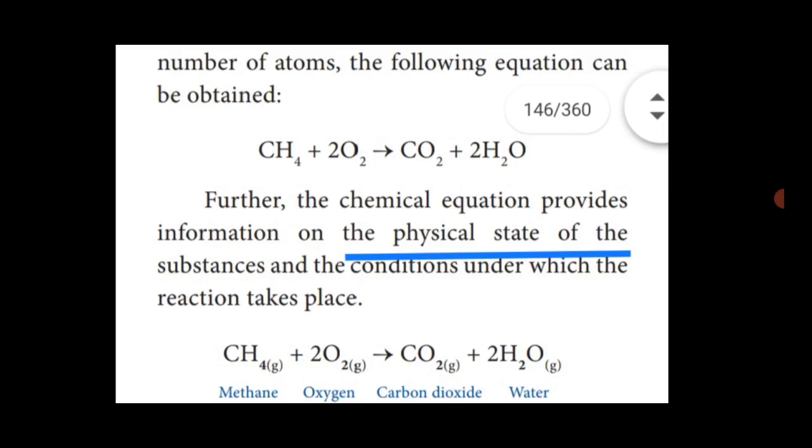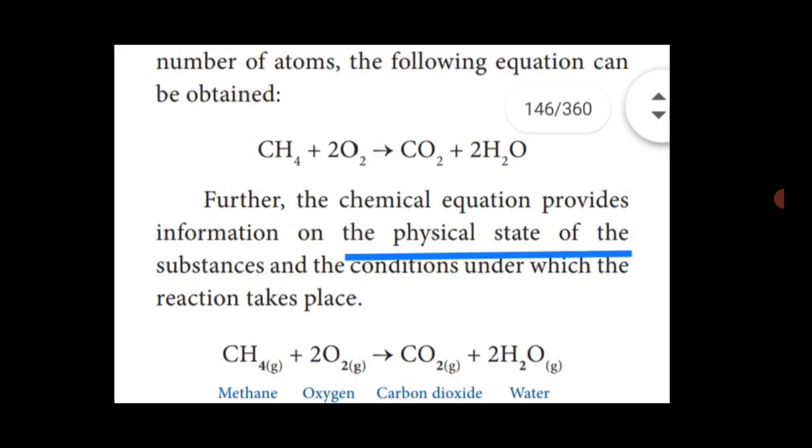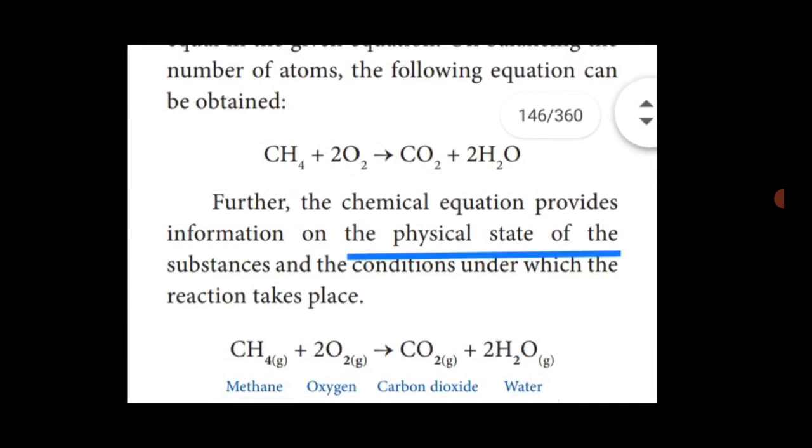The left side of the arrow mark indicates reacting molecules. The right side of the arrow mark gives product molecules. All 4 substances are gaseous. So we write G in the subscript for all substances as they are gaseous.